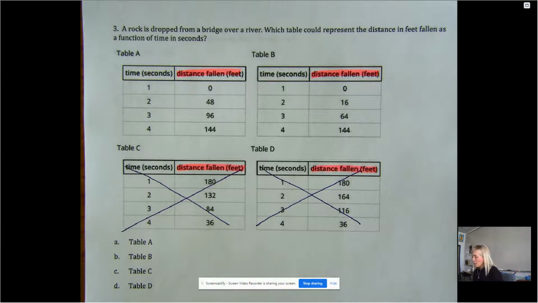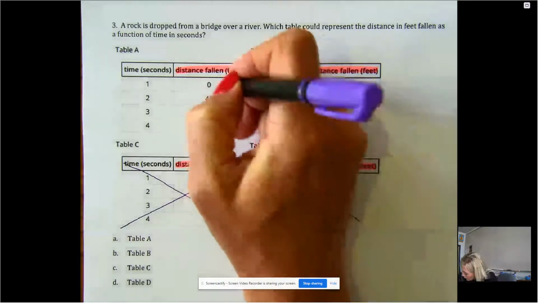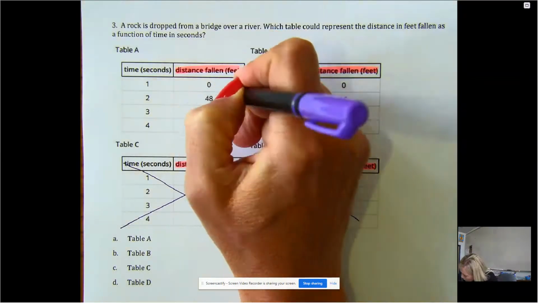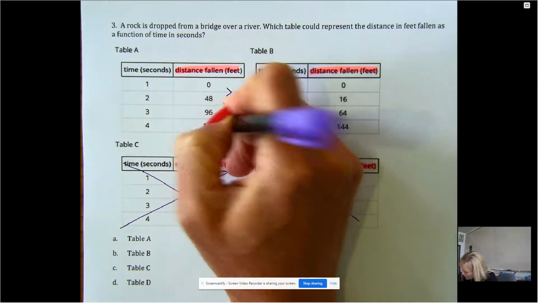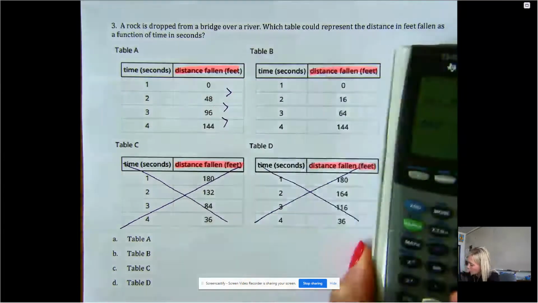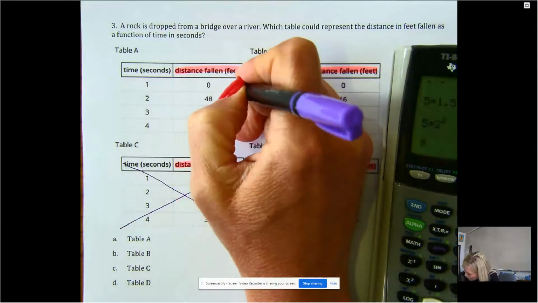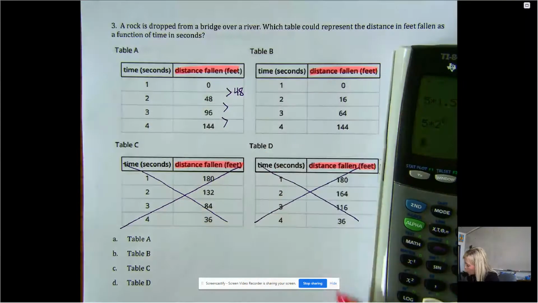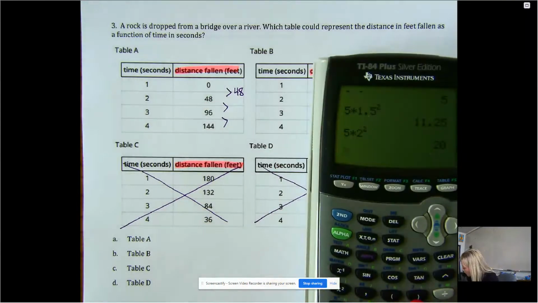And so if I look at, well, how are these tables changing? It looks like on table A, what's the change at each step? So obviously from 0 to 48, it's 48. And then from 48 to 96, it's also 48.